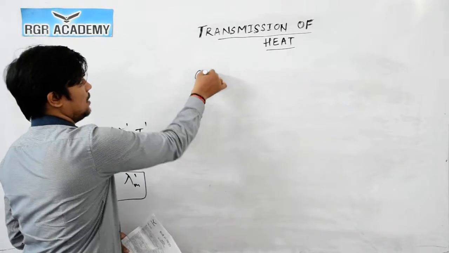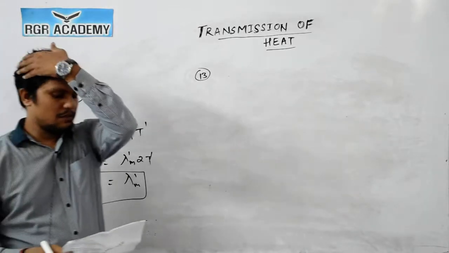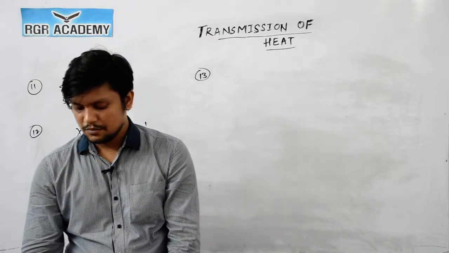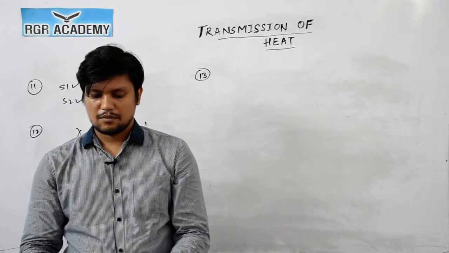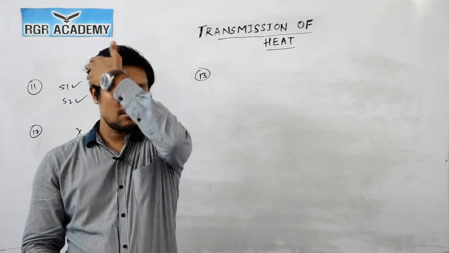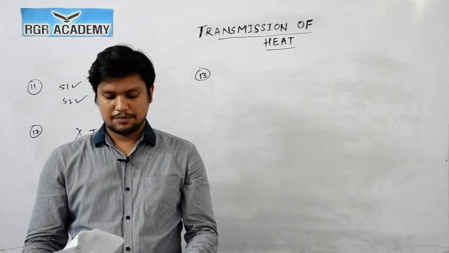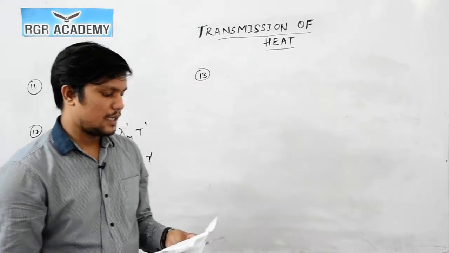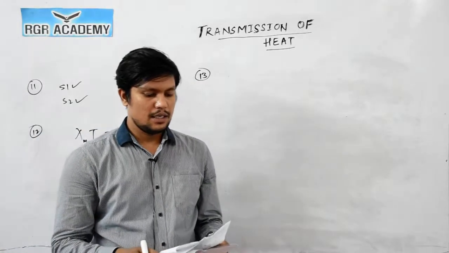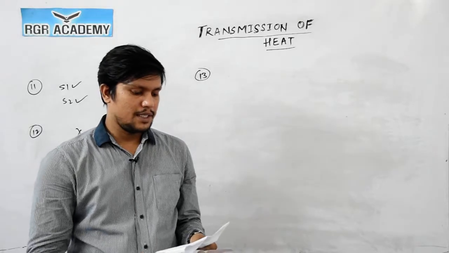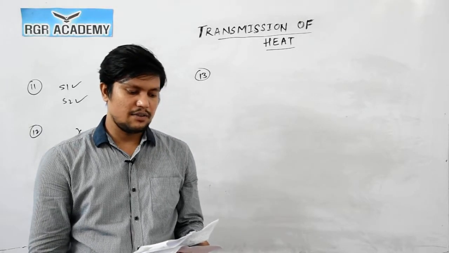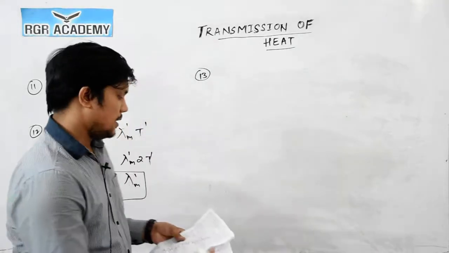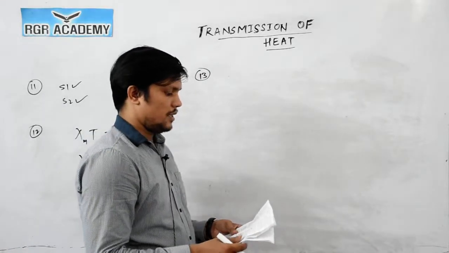Now question number 13. Two walls of thickness D1 and D2 and thermal conductivities K1 and K2 are in contact. In the steady state, if the temperatures at the outer surfaces are T1 and T2, they are asking the temperature at the common wall. Okay, so we know that they are in series, so the rate of flow of heat will be the same.